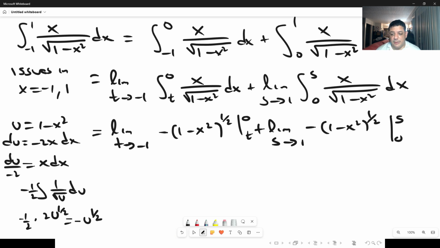Notice that when I plug in 0, I'm going to get just 1 here, and the square root of 1 is 1, so I get minus 1, and then plus the limit as t goes to minus 1. And by the way, here I'm doing minus 1 from the right side. It doesn't matter too much in here.